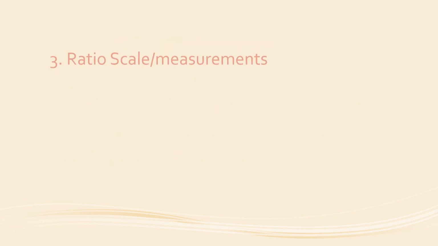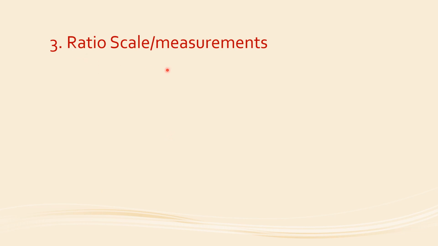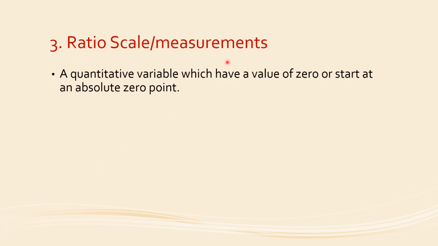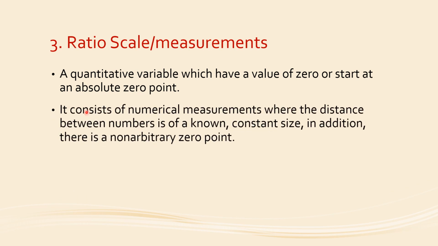Next, we have ratio scale or measurements. Now, ano nga ba to? It is a quantitative variable which have a value of 0 or start at an absolute 0 point. It consists of numerical measurements where the distance between numbers is of a known constant size.